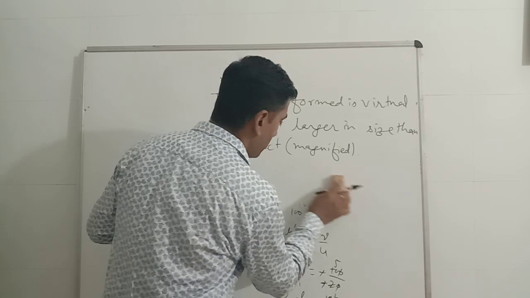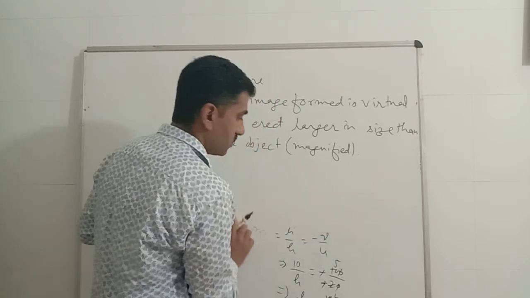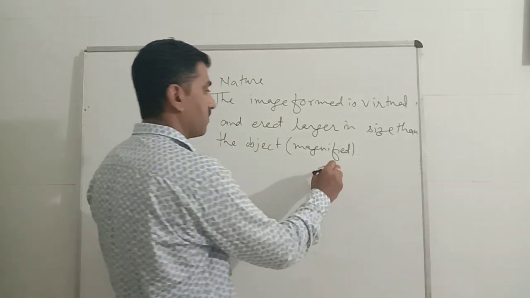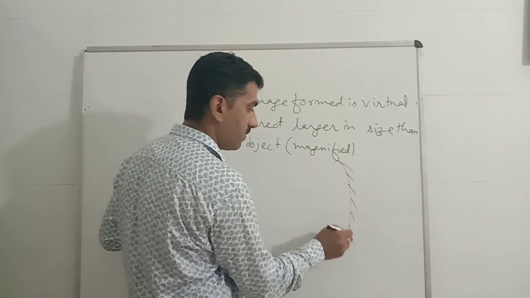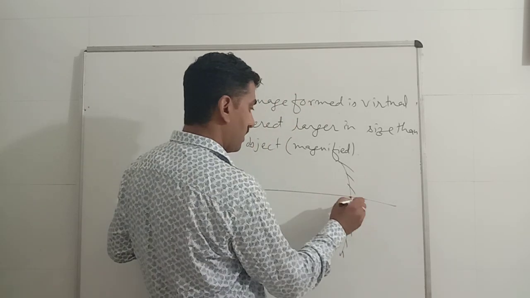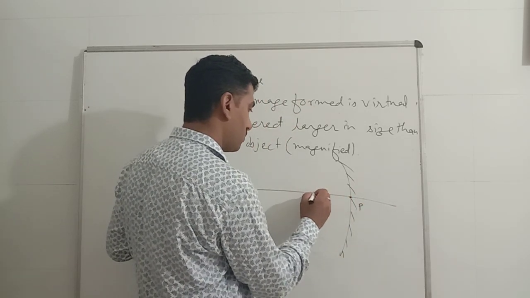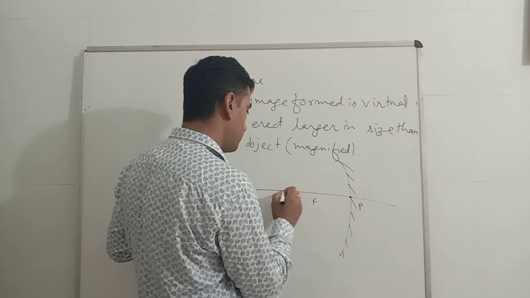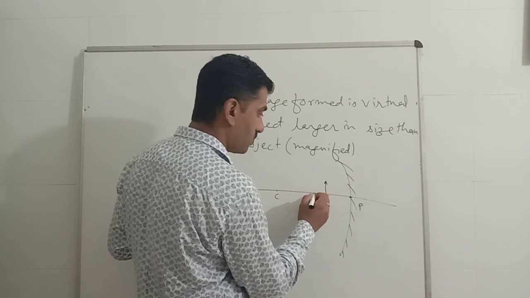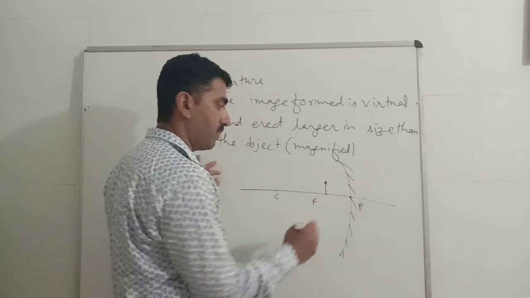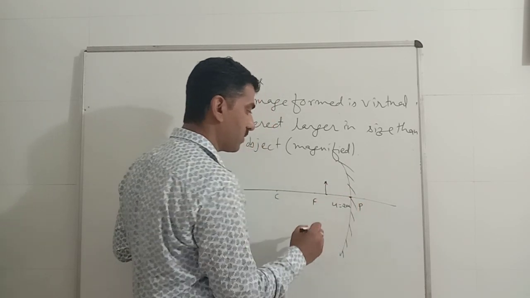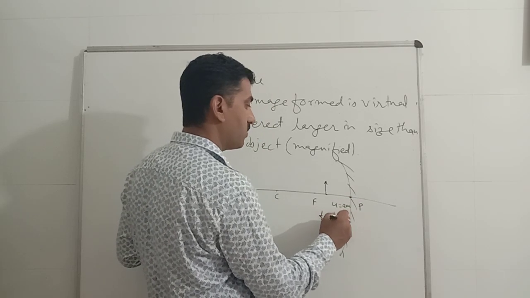Fine. So let me make the diagram for this. The diagram will be case number 6 directly, because V is positive. This is your concave mirror, this is your principal axis, this is pole, this is your focus, center of curvature. Object is placed here, because the focal length is 25 centimeter, 20 centimeter will be approximately this. U is equal to 20 centimeter with minus sign, F is equal to minus 25 centimeters.